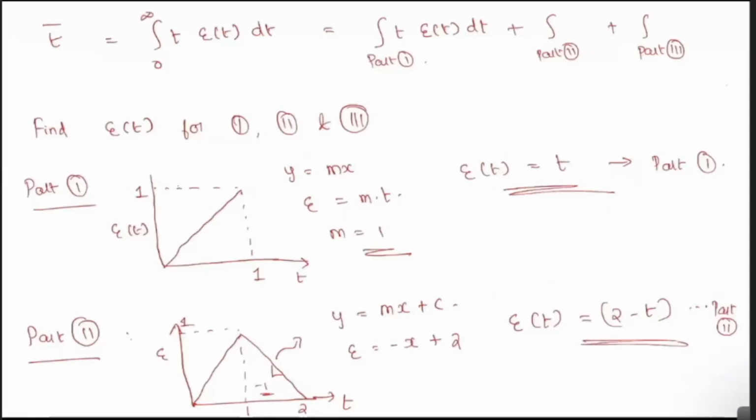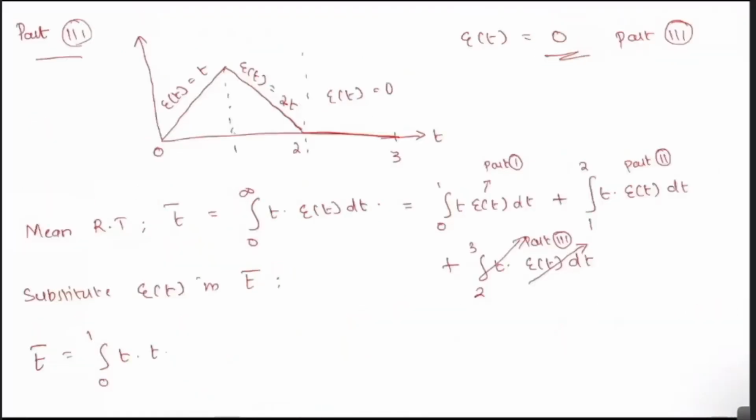So we'll substitute that here. This will be integral 0 to 1 t into t dt plus integral 1 to 2 t into 2 minus t dt. So this will be our final integral equation. So now all we have to do is integrate the equation and apply limits.